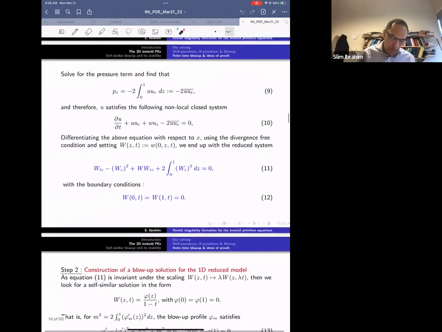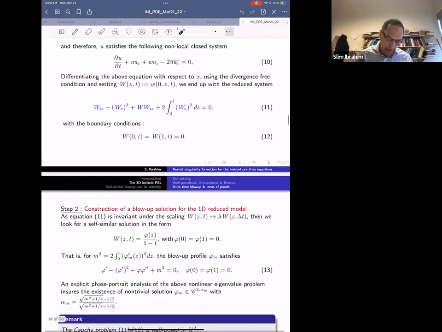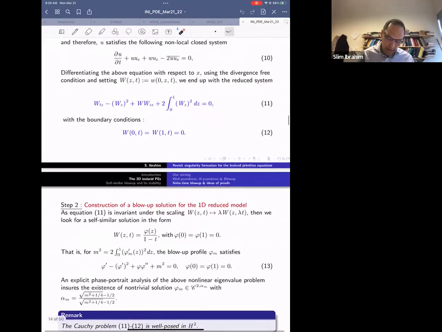Then we observed that this reduced model has a scaling. For instance, if you change w to lambda w, then the equation remains unchanged. And this suggested finding an ansatz that blows up in this form.